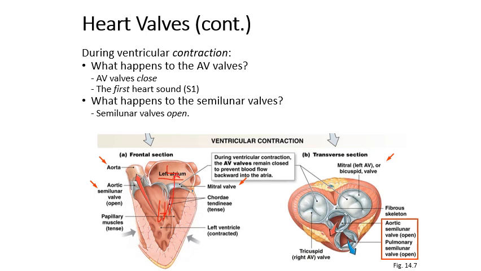So that is when the AV valves close shut. And then for the semilunars, they are going to be open in that case. We're going to get into this whole cardiac cycle and when it's taking place.